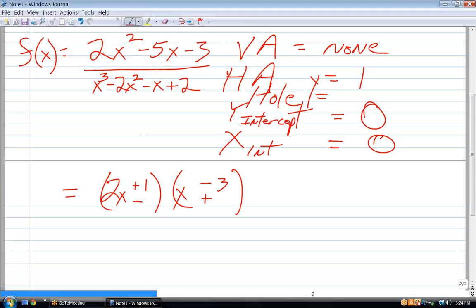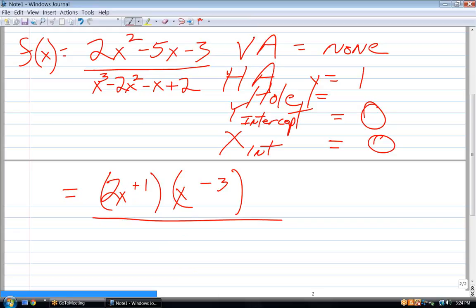No. Well, the way I tell if it works is I do my two smiley faces. This one is plus x. This one is minus 6x. Add them together, you get the middle term. That's what we're looking for. So that works. So that's the numerator factored.